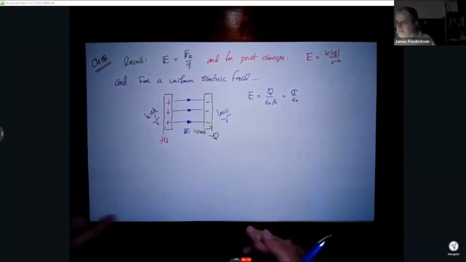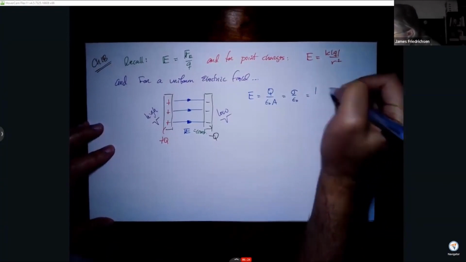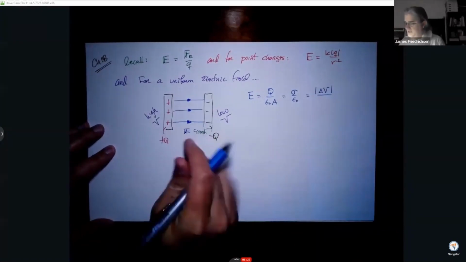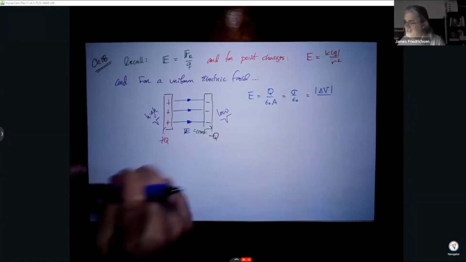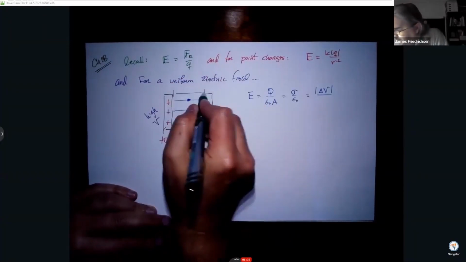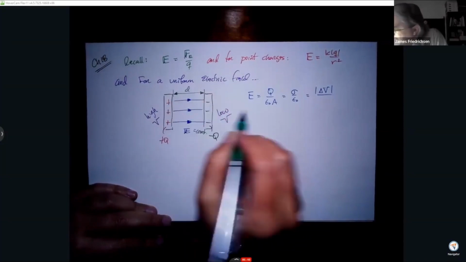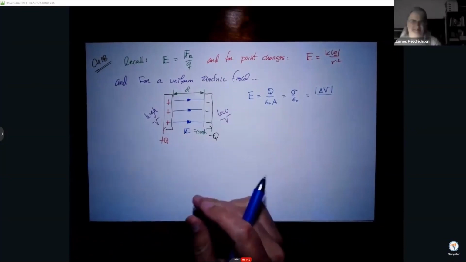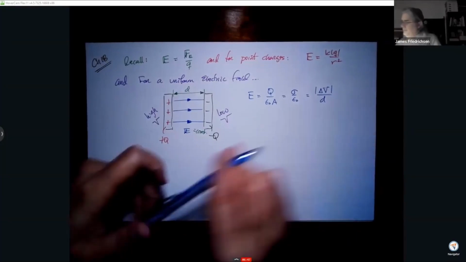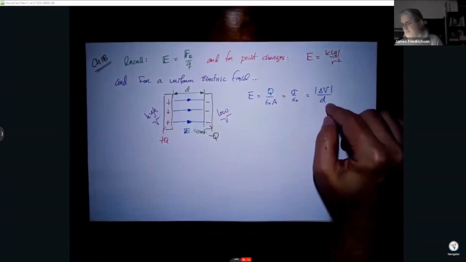And then what we found was you could also take this as the potential difference, the change in electric potential, divided by the plate spacing. Very often they'll label this as d. However, in our lab, we were using s or delta s or something like that. So there we go. This is the potential between the two plates divided by the plate spacing.